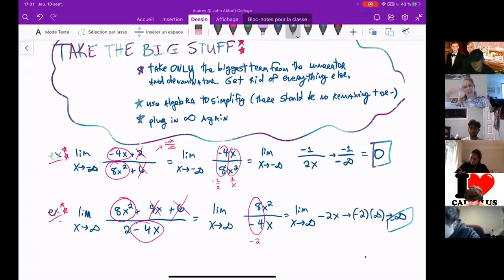Which infinity wins here? The top one. And if we look at it, there's that x squared on top, that x on the bottom, the top infinity wins. If this had been x approaches negative infinity, what would the answer have been?